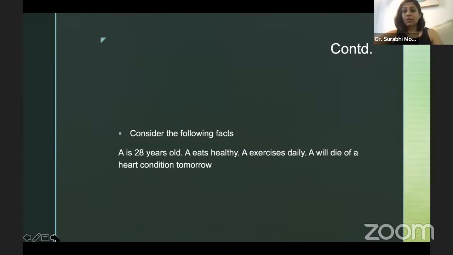If I were to give you facts about a 28-year-old person who eats healthy, who exercises, and then I were to say, what are the chances that such a person will die of a heart condition tomorrow? You will tell me possibility is definitely there. But from what we have read, given the age and the physical activity and the diet, it appears that there is higher chance of this not happening than happening. Would you agree?